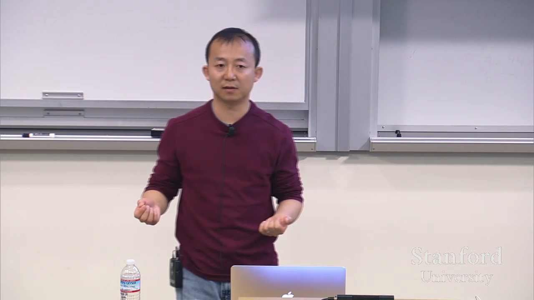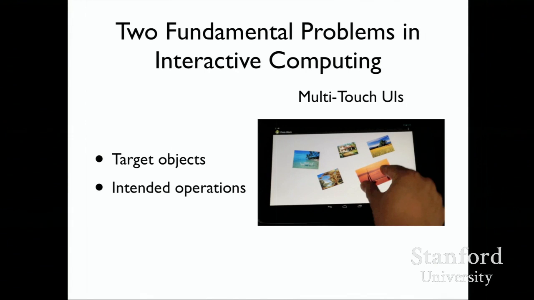For traditional graphical user interfaces, these can be easily achieved with a precise input device such as a mouse and a set of well-defined interaction events such as clicks and drag and drop. But for multi-touch UIs, it's often quite tricky to address these issues.